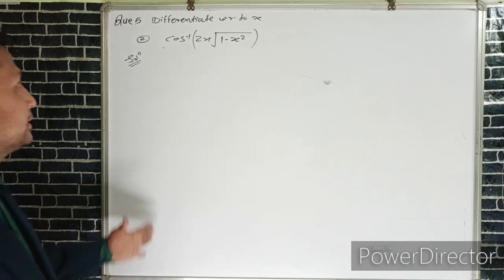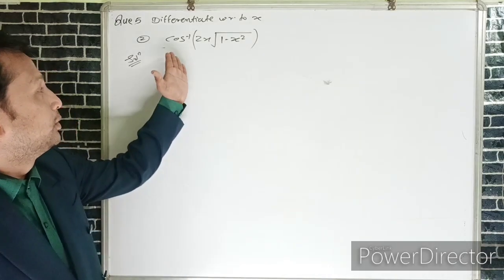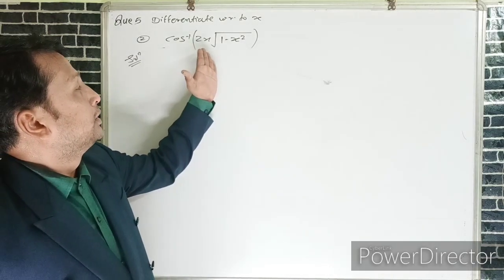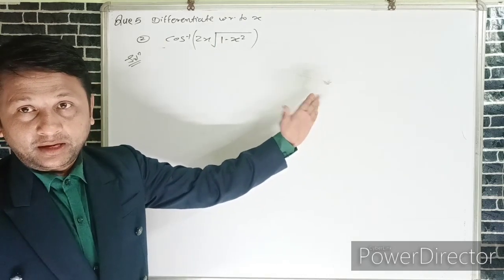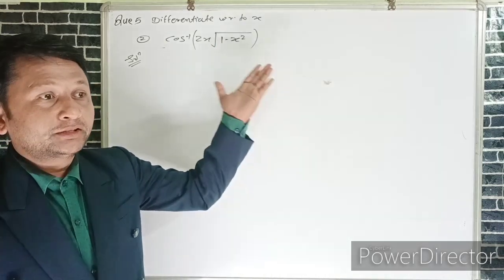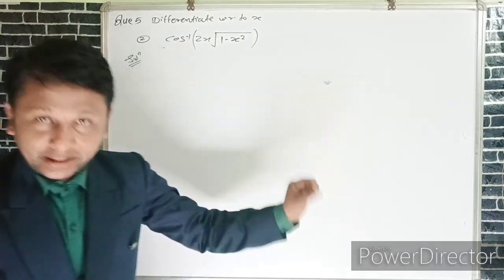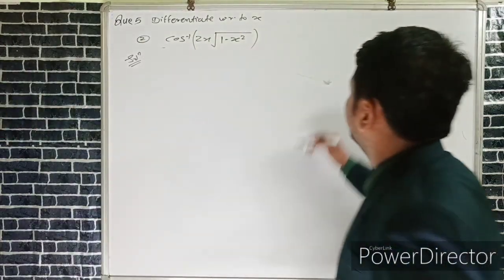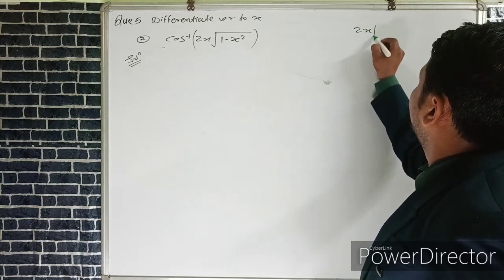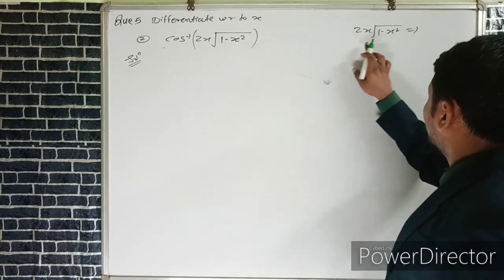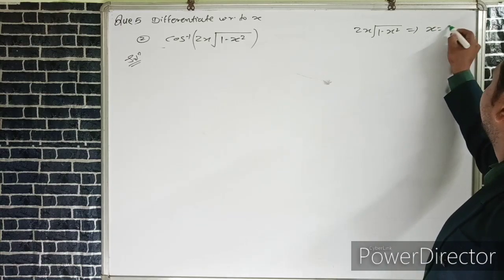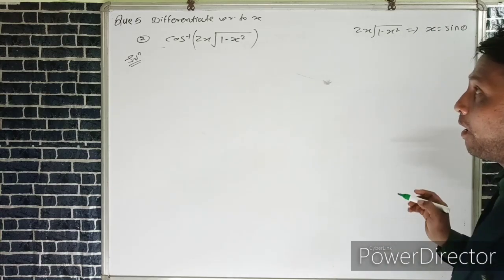Next example. Example number 2 is cos inverse of 2x upon under root of 1 minus x square. Again, this situation is in the table of substitution. We know that if the given function is in the form of 2x upon under root of 1 minus x square, then we can put the value of x as sin theta.